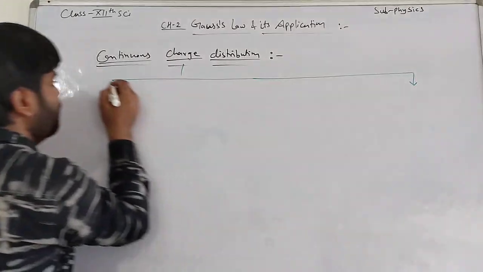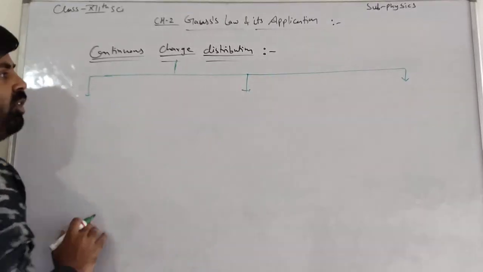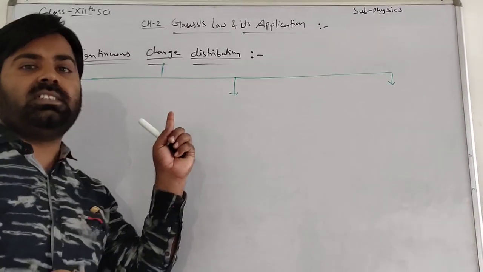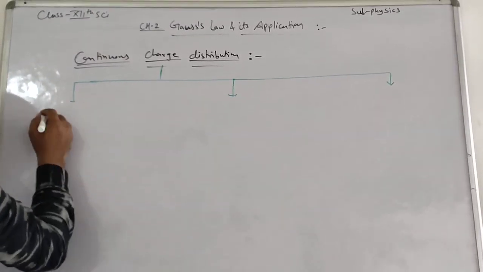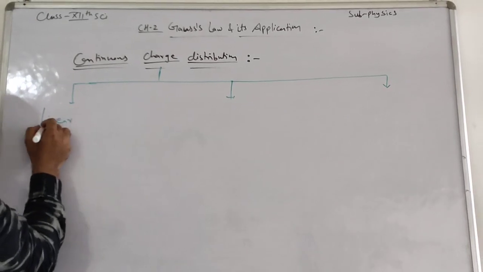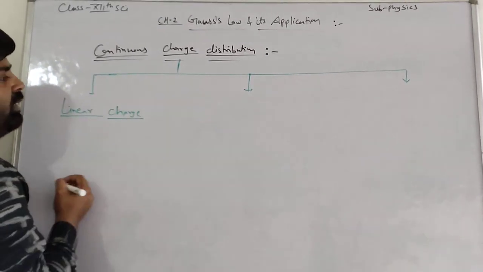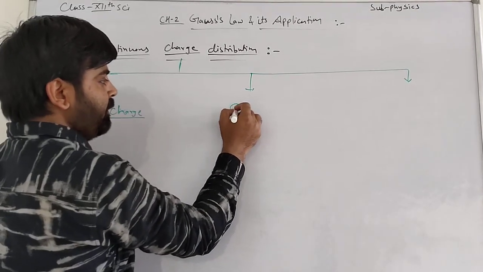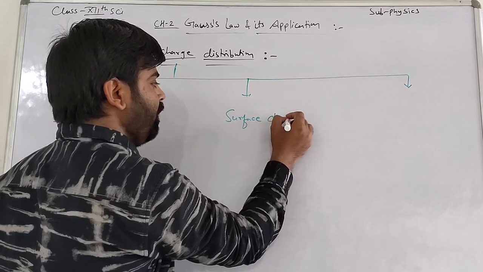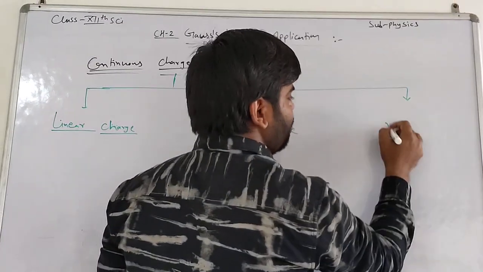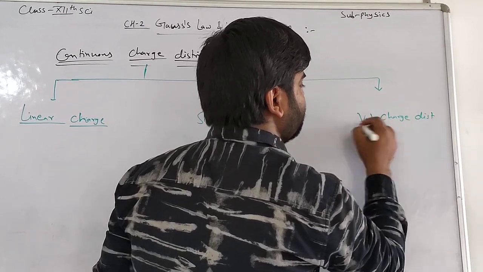According to the shape of the conductor, there are three types of charge distribution. First is linear charge distribution. Second is surface charge distribution. And third is volume charge distribution.